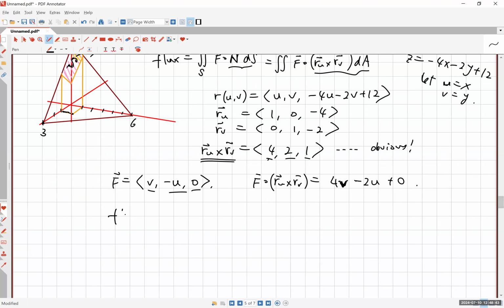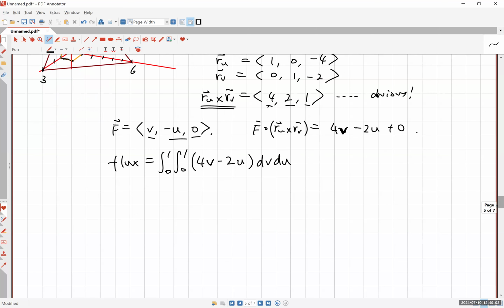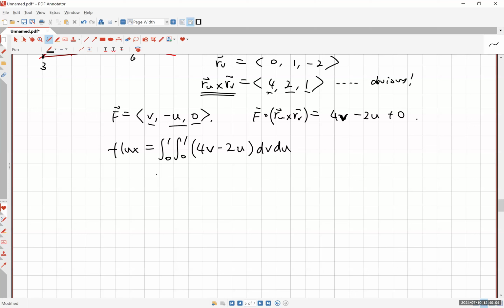All right, so the flux, now, final stage, u goes from 0 to 1, v goes from 0 to 1. For 4v minus 2u, remember, this is what you have to integrate. And it doesn't matter if you do dv du or du dv here, because both have the same bounds. But if you choose dv du, this is what you get. 2v squared minus 2uv, v goes from 0 to 1.